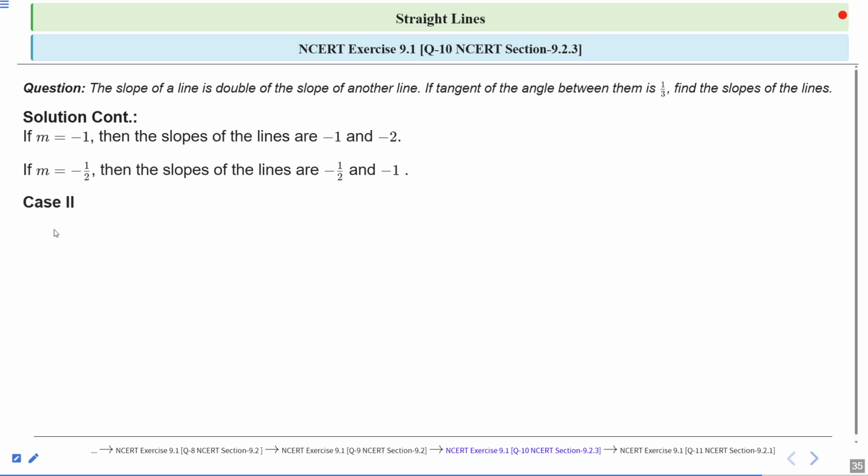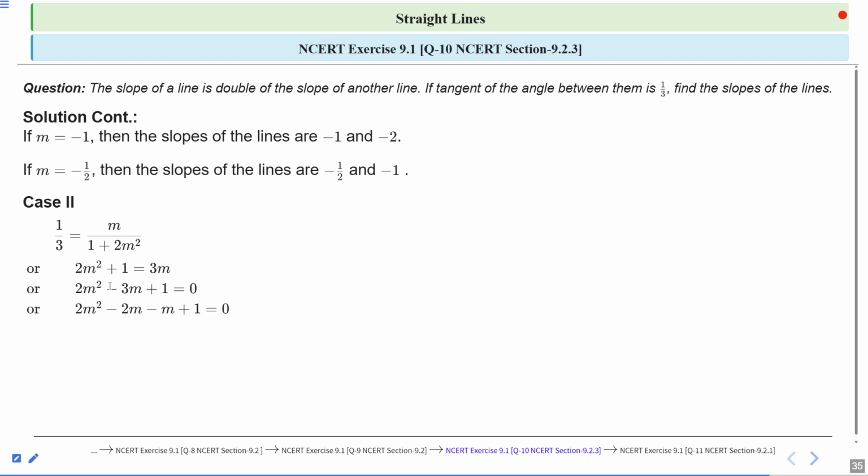Now take case 2: 1/3 is equal to m over (1 plus 2m square). Cross multiplying, we get 2m square plus 1 equals 3m. Rearranging, 2m square minus 3m plus 1 equals 0.